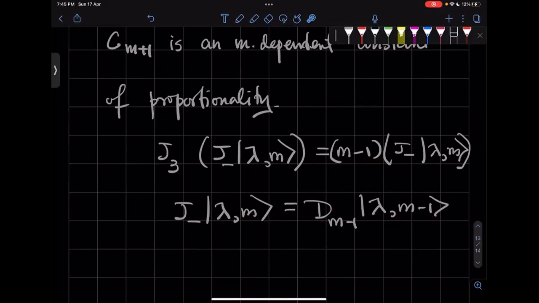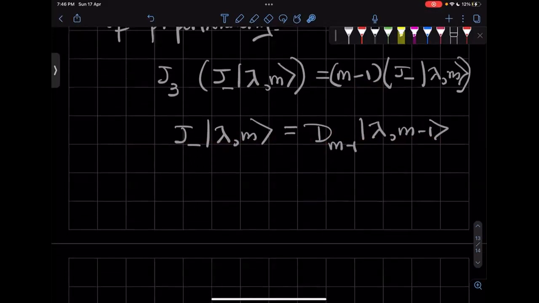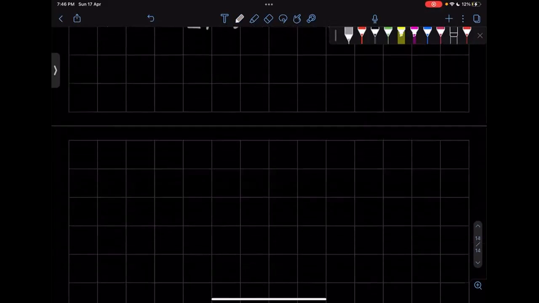So these are kind of like ladder operators? They're exactly ladder operators. That's my next statement, as you've seen in harmonic oscillators. So J plus has a name.